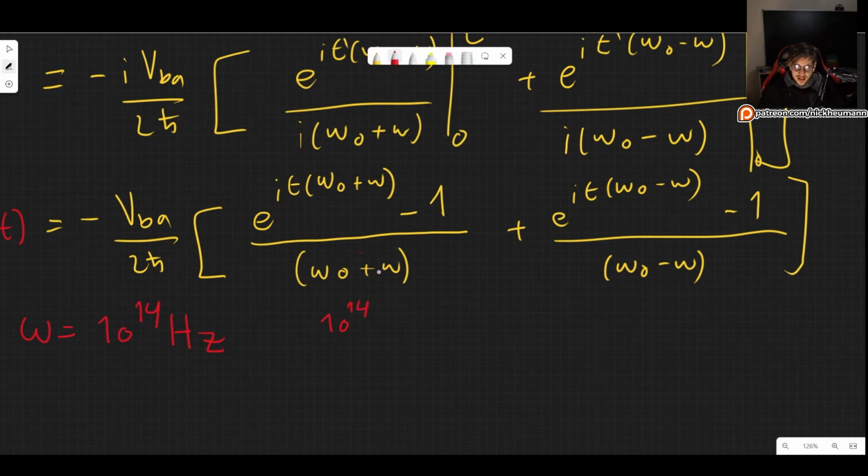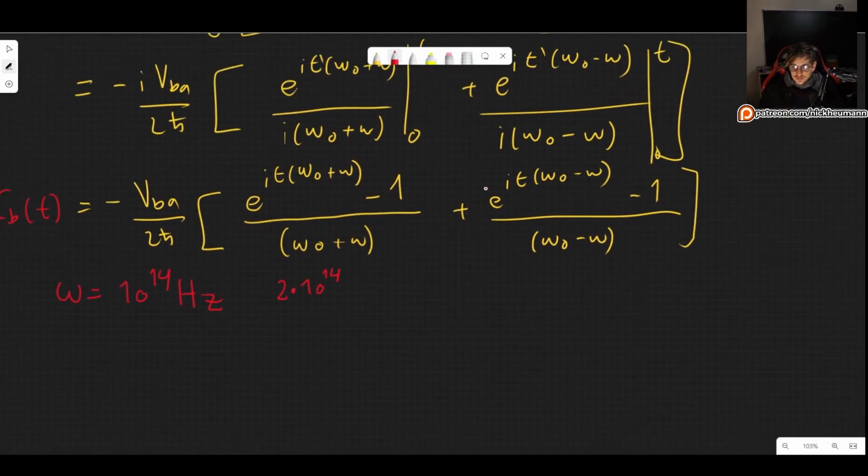And if they are basically the same size, then we'll have something of the order 10 to the 14 times 2. And that means that this whole expression will be very small because you are dividing something by a massive number. Since omega will be of the order 10 to the 14, once omega 0 starts to get close to 10 to the 14, we will have a denominator that goes to 0, basically, which means that this entire expression will become very, very large.